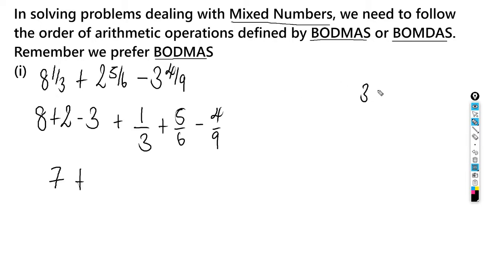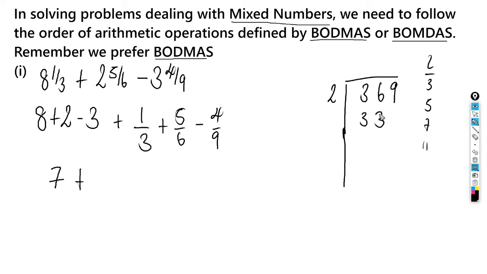Let's just use the lovely method here: 3, 6, 9. And let's divide through. Can any of these be divided by 2, 3, 5, 7, 11? Can any of these be divided by 2? Yes, 6 can be divided by 2. So 2 goes into 6, and you get 3. Then the 3 remains the same, the 9 remains the same.